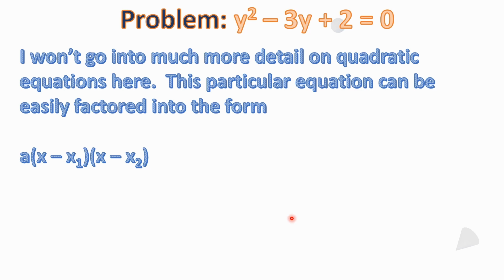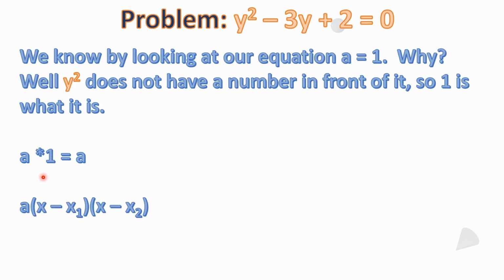But this particular problem can easily be factored into that form we just showed you, which is a times the quantity x minus x1 times the quantity of x minus x2. So we're lucky here. This one's fairly easy to factor.